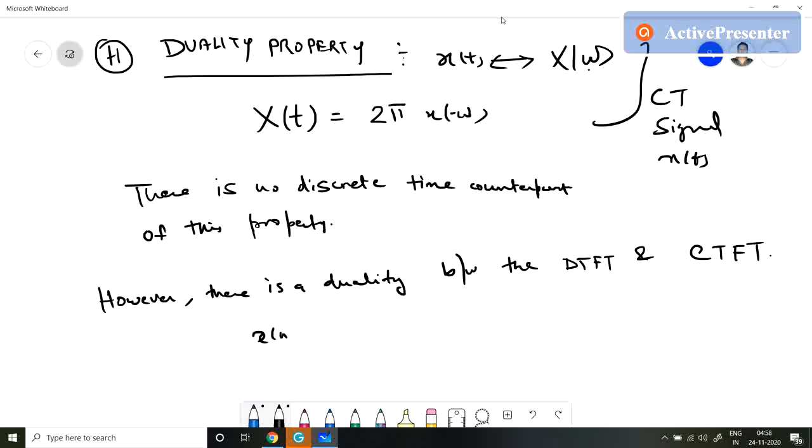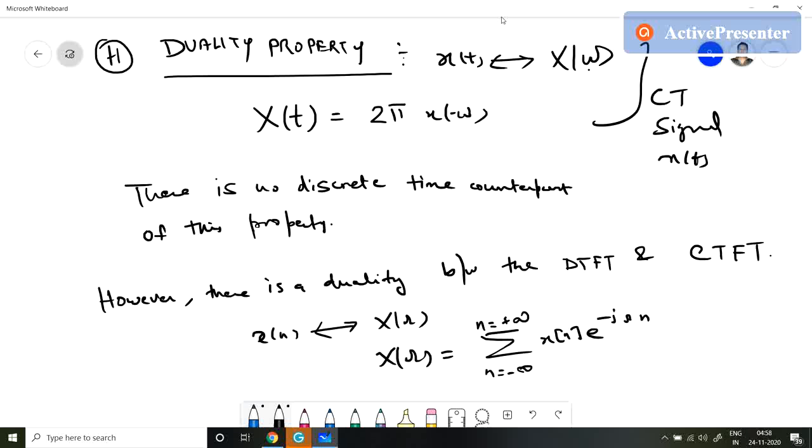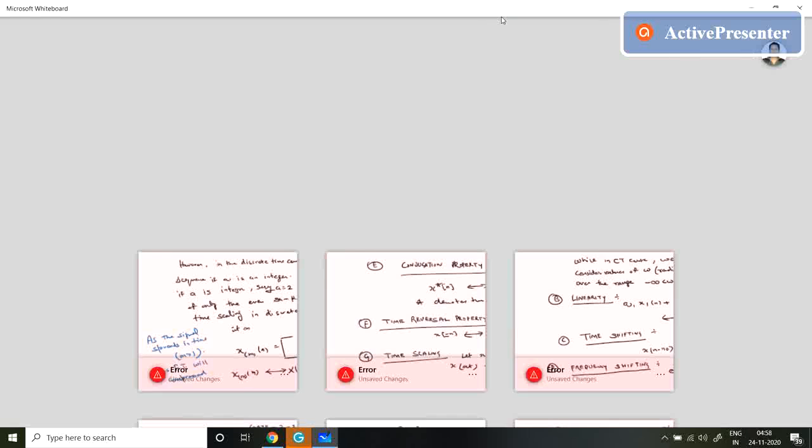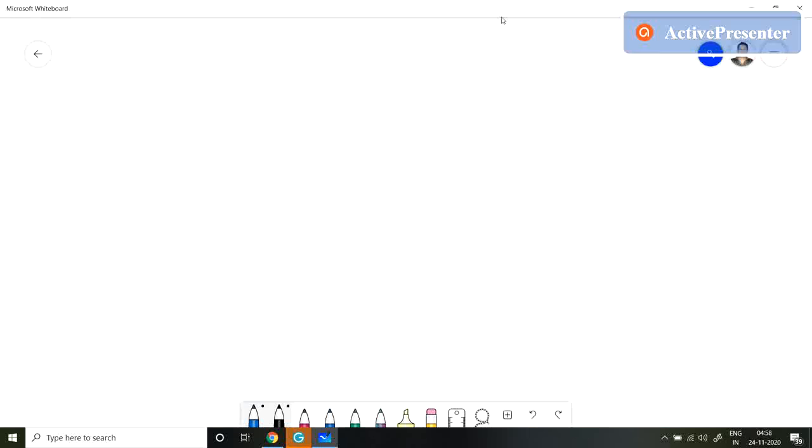So if we have x[n], then its transform X(ohm) is equal to the summation from n equals minus infinity to plus infinity of x[n] e raised to the power minus j ohm n. So X(ohm plus 2 pi) is equal to X(ohm).